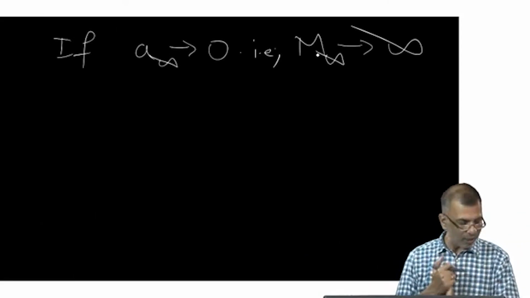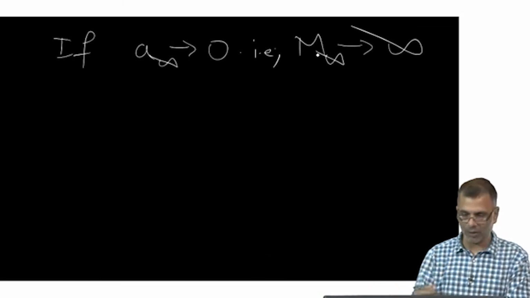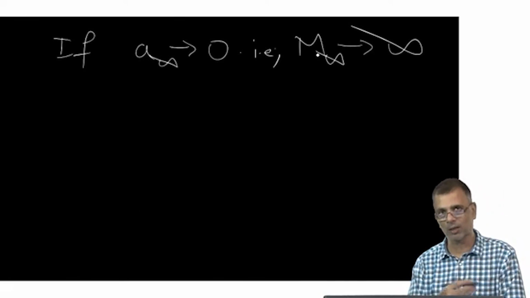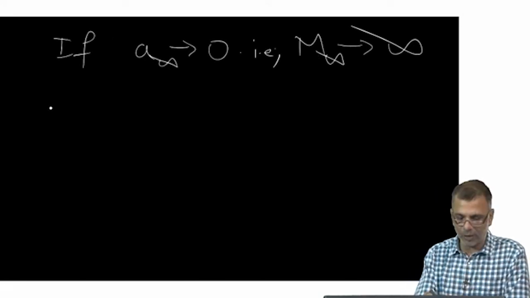This was the first kind of consideration done with regard to quasi-spherical accretion. Then we define an accretion radius, R A.